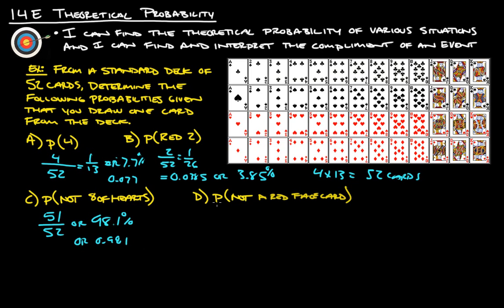And then the probability of not a red face card. These are all the face cards down here because they have faces on them. Not a red face card, so 6 of them are red face cards. Again, we'd find the complement of that.